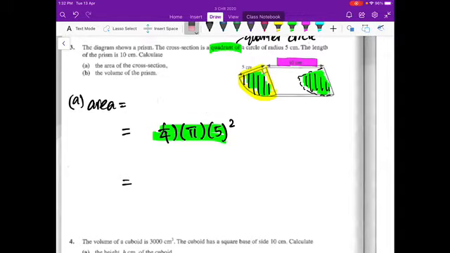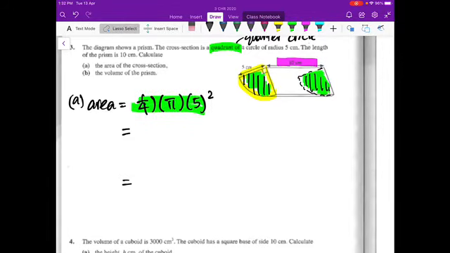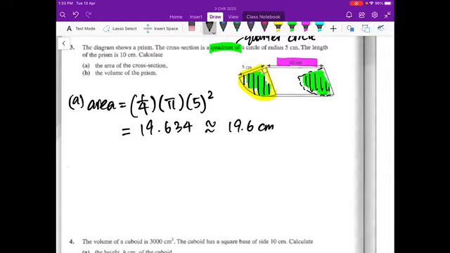Okay, so area. Okay, this is the one. 1/4 pi r square. Okay, now it's much easier. 19.634. Okay, so part B. Volume.